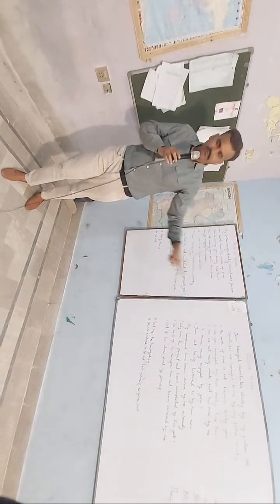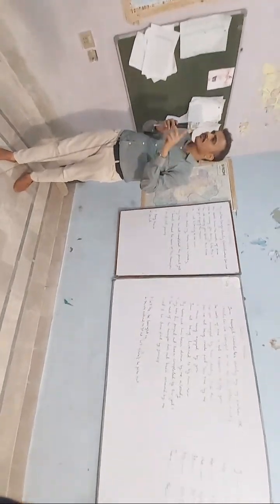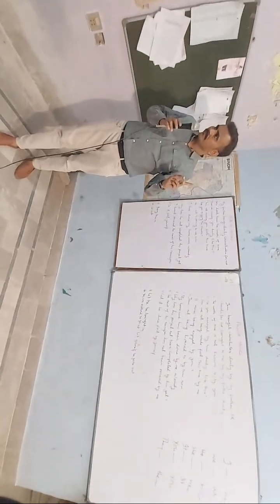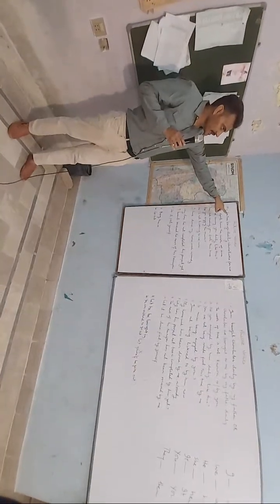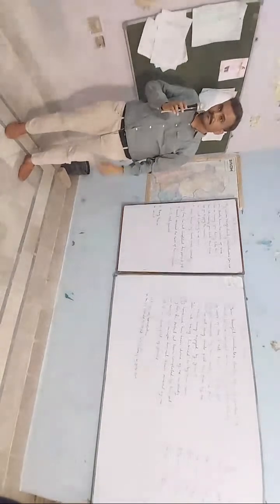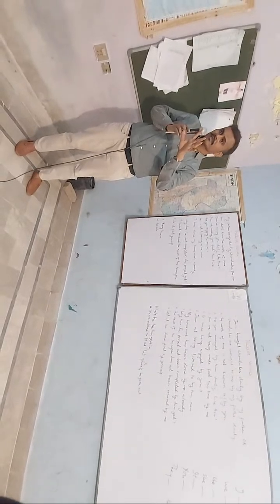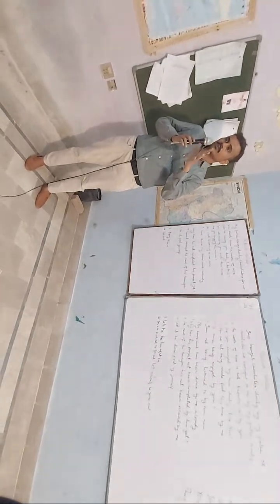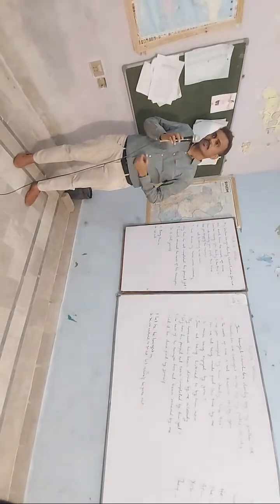And the subject is going to take the place of the object, and the object is going to come at the start. And you have to use the helping verb according to the subject. Suppose if the subject is singular, then you have to use a singular helping verb. If the subject is plural, then you have to use a plural helping verb.